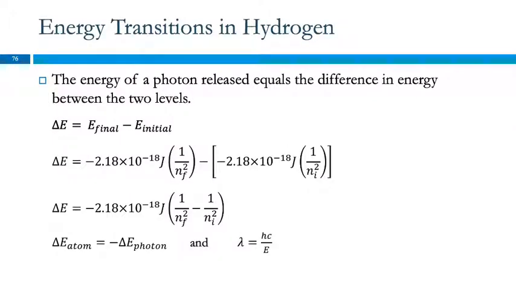So the energy of the photon that's released, the energy of the light that comes out, is the difference between the energy in the two levels. So the final minus the initial. The energy of the place it's going, minus the energy of the place it came from.